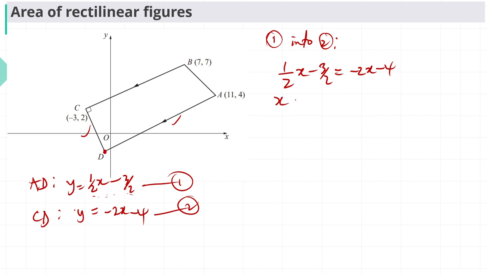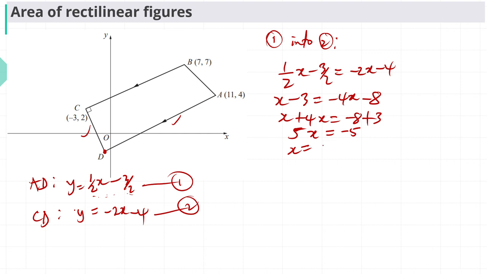You are going to get x minus 3 equals minus 4x minus 8. And that gives x plus 4x equals minus 8 plus 3. 5x is minus 5. So the value of x is minus 1.